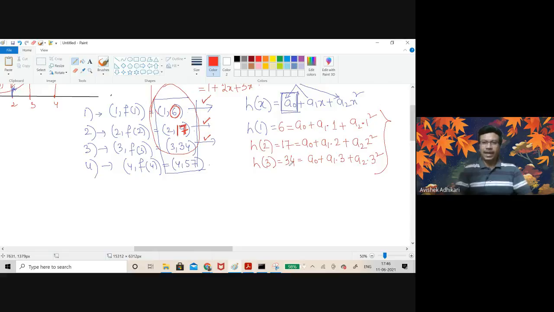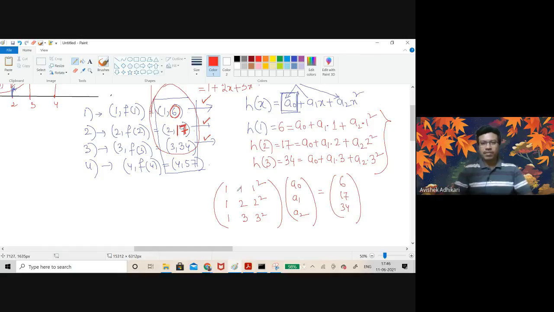Okay, so if you write it properly, you can write it in matrix form: 1, 1, 1 square; 1, 2, 2 square; 1, 3, 3 square, multiplied by a0, a1, a2, equal to 6, 17, 34. You can write it like this.